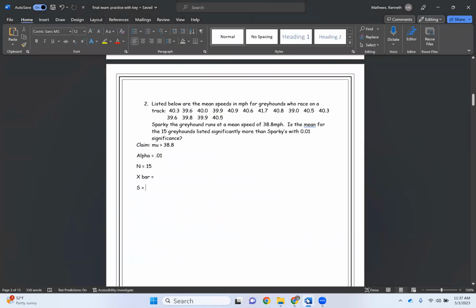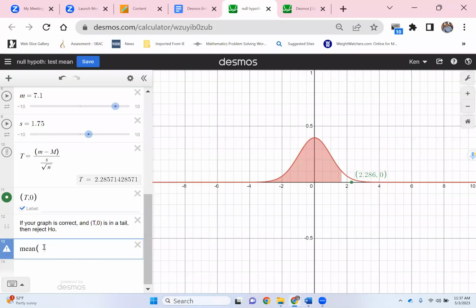I'll do two at a time, 40.3, 39.6. I wonder if I could just copy and paste them. I doubt it, but wouldn't that be beautiful? Oh, dear God, it worked. Well, not really. Let's see what happened, but at least we got some numbers in there. Okay, so what it didn't do was put in the commas.